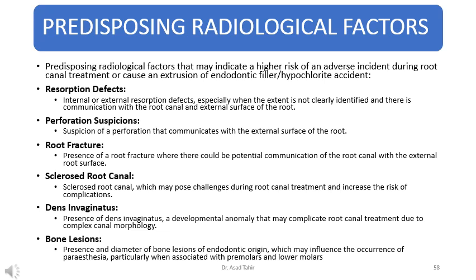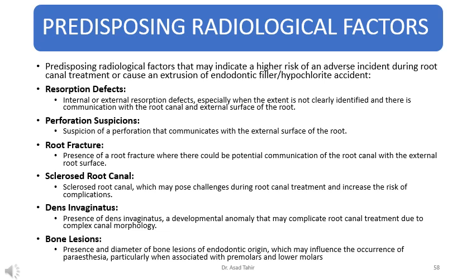Resorption defects: internal or external resorption defects, especially when the extent is not clearly identified and there is communication between the canal and external surface of the root. Perforation suspicions: suspicion of a perforation that communicates with the external surface of the root. Root fracture: presence of a root fracture where there could be potential communication of the root canal with the external root surface.